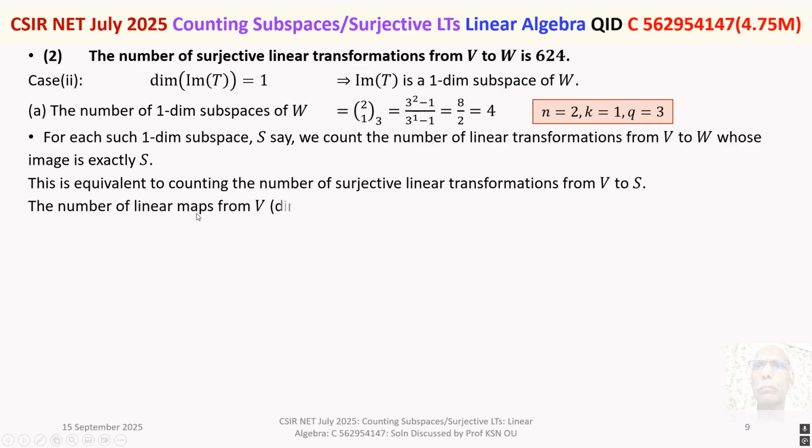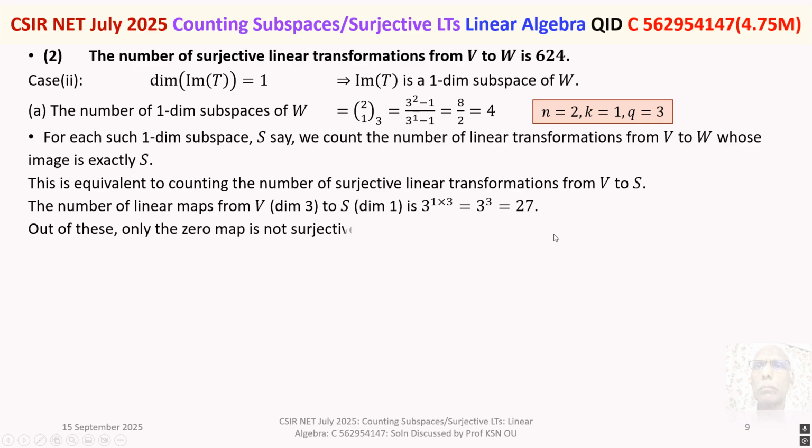The number of linear maps from V, whose dimension is 3, to S, whose dimension is 1, is q power n into m, that is 3 power 1 into 3, that is 3 cube, which is 27. Now, out of these 27, only the 0 map is not surjective.